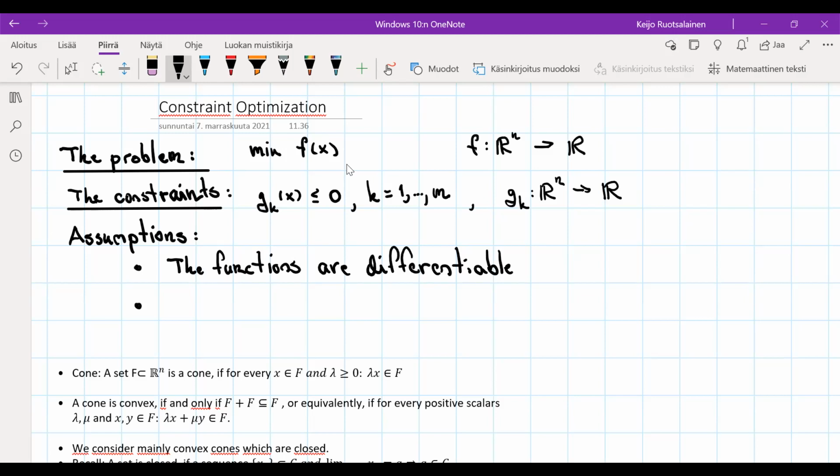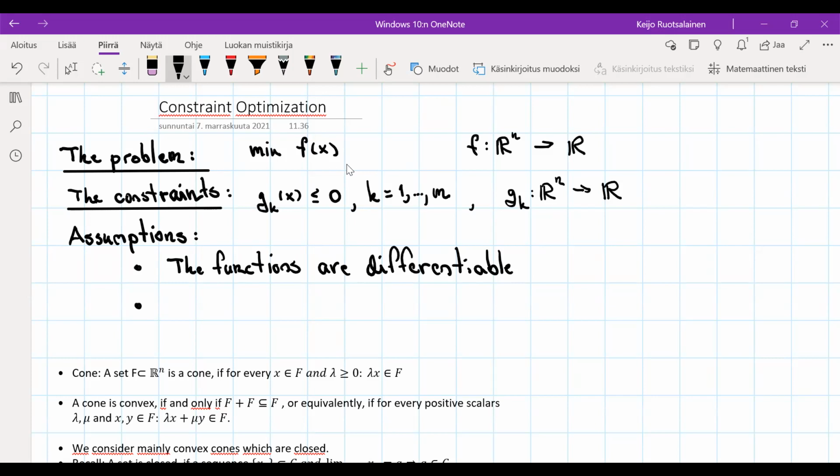But I will present this constrained optimization in a way that it is immediately generalized also to non-convex problems. We do not have time to deal with the problems which we encounter with relaxing the convexity.